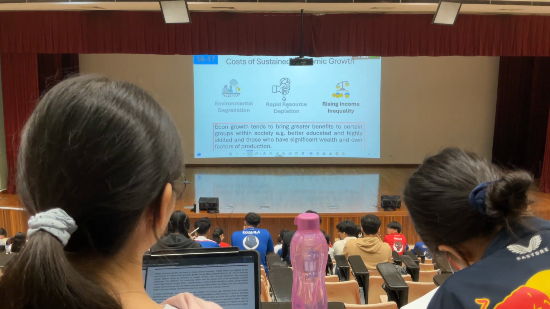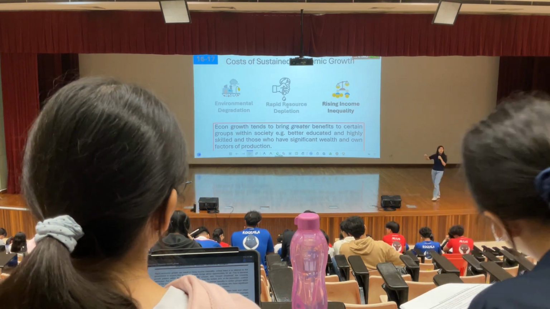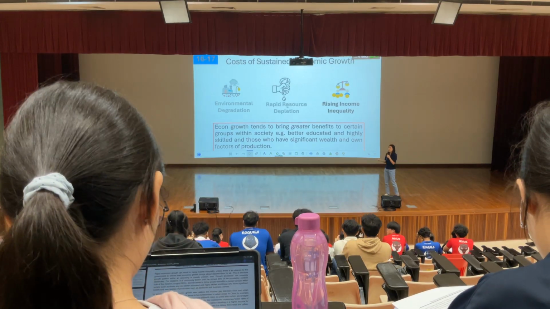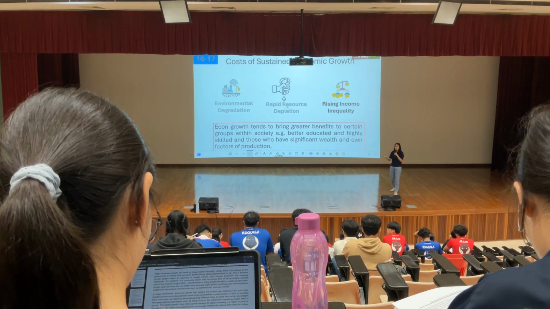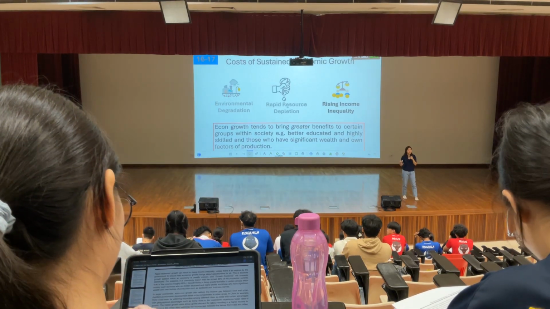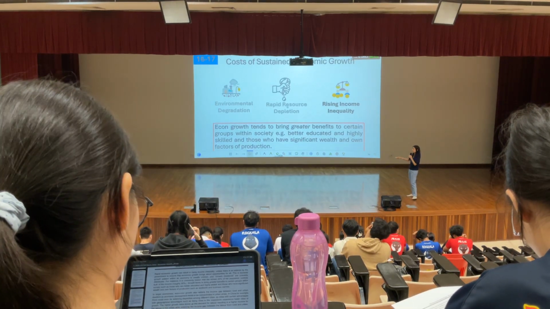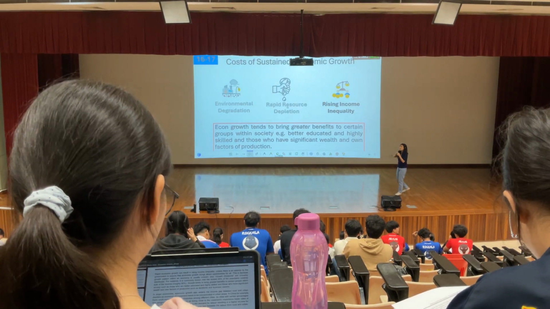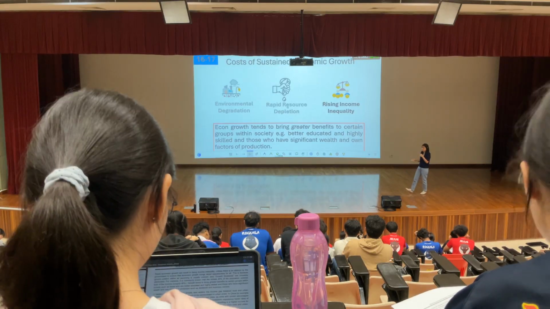There could be a higher demand for these educated, skilled workers that pushes up their wages. They will experience a larger increase in their income. Versus those who are working in sunset industries already in decline, they may be retrenched, or maybe their incomes can stay stagnant or may even fall. So this will lead to a larger income gap.